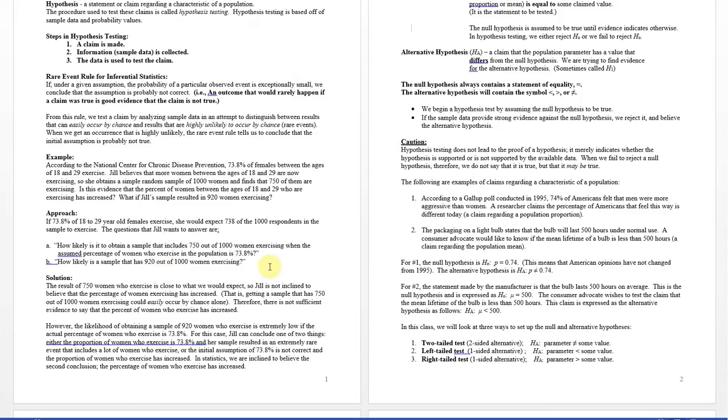So what we want to figure out is looking at that 920, if it were true that that was the sample amount, is that far enough away to be strange? So usually our way of discovering that is using the sampling distribution and using z-scores. Remember, z-scores are used to tell how many standard deviations away you are from the mean, and if you're more than 3, then that's pretty significant. So that's what we're going to be doing with this.